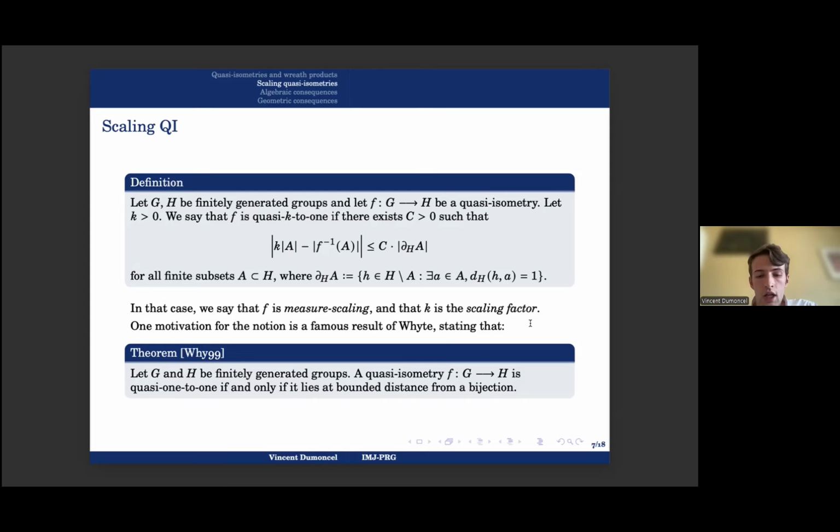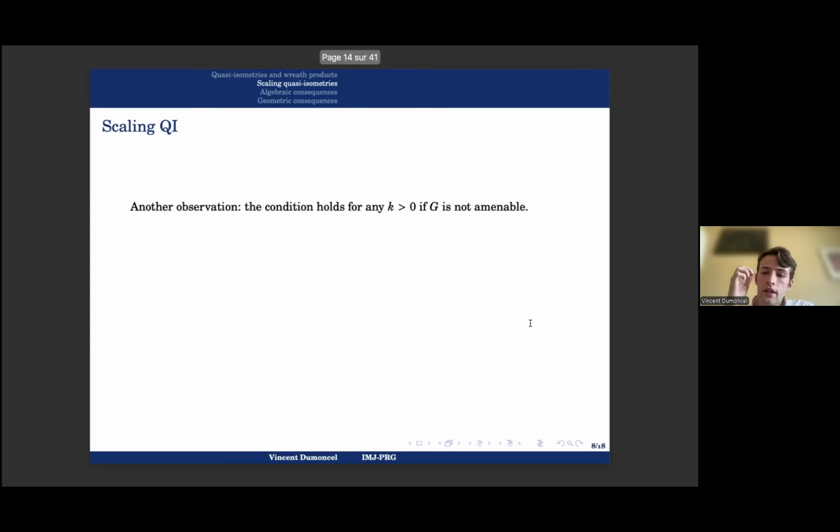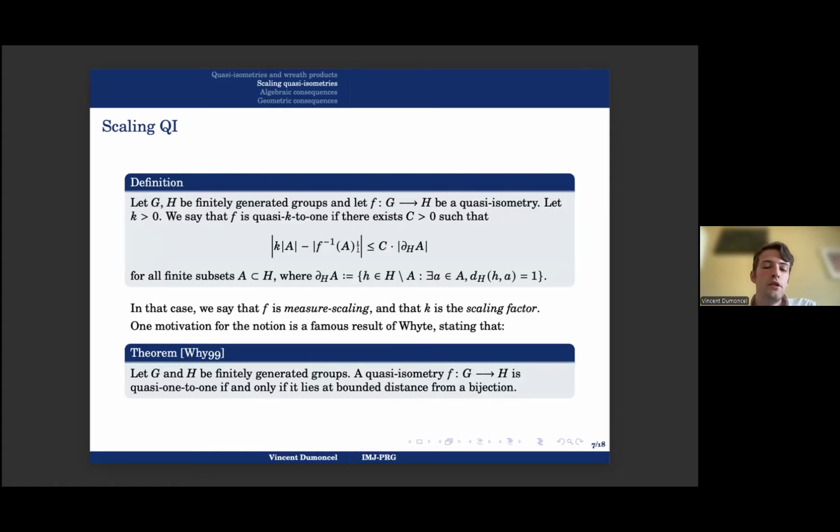Another remark that we can make is that the definition is not interesting for non-amenable spaces. Okay, you can check that because in non-amenable spaces, boundaries of finite subsets tend to be rather big. So this inequality, in fact, you can check that for any k, it will be satisfied.